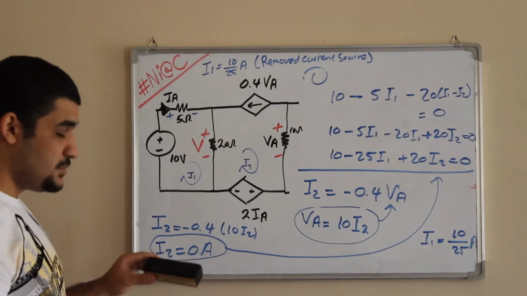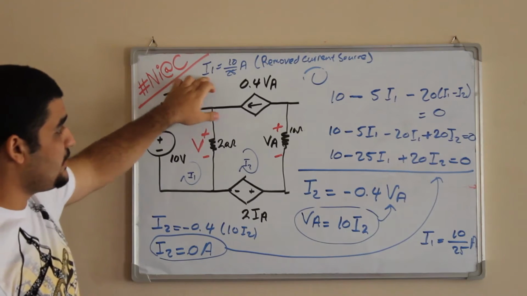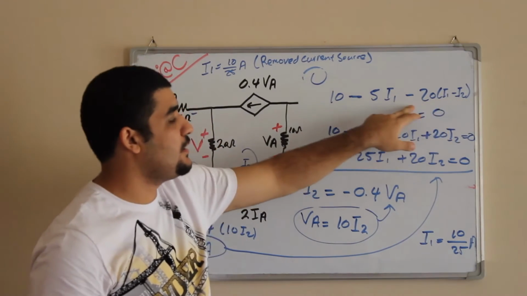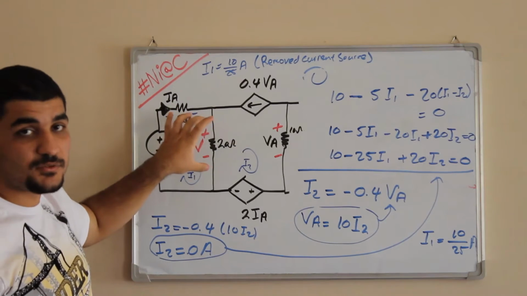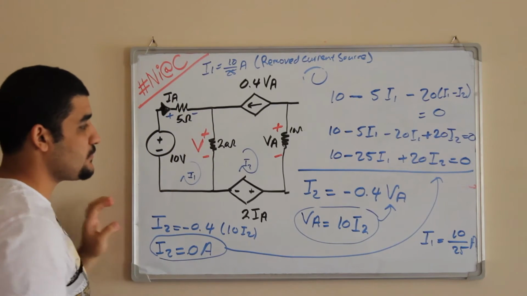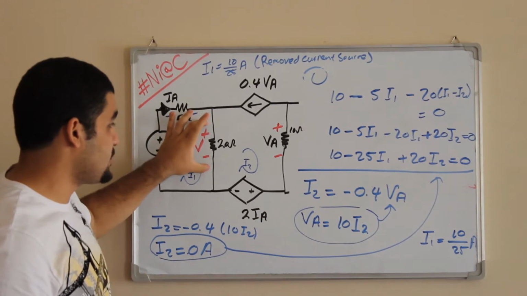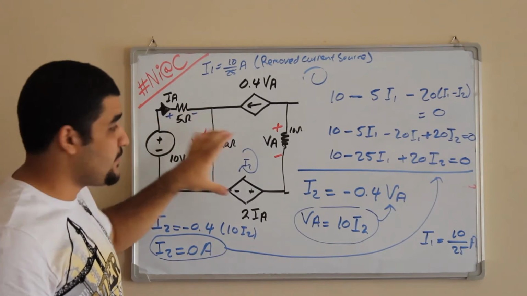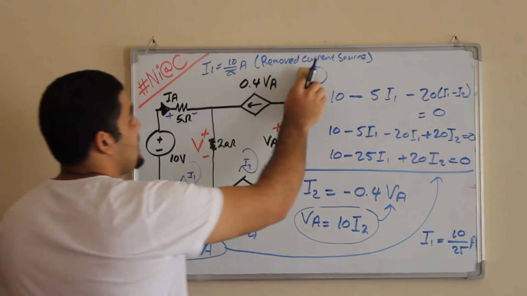Now all you have to do is to substitute the I1 in this part to find the voltage across the 20 ohm resistor. After finding the voltage across the 20 ohm resistor with the current source removed, you record that on the side.